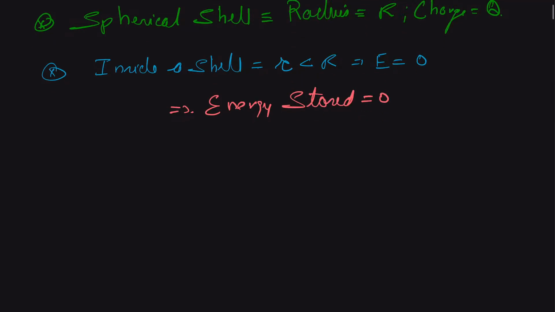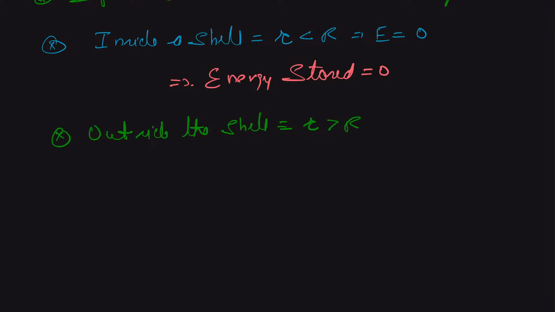And outside the shell, for any point which is at a distance r greater than the radius of the shell, in that case the electric field, that is E of r, is given as 1 upon 4 pi epsilon naught q upon r square.